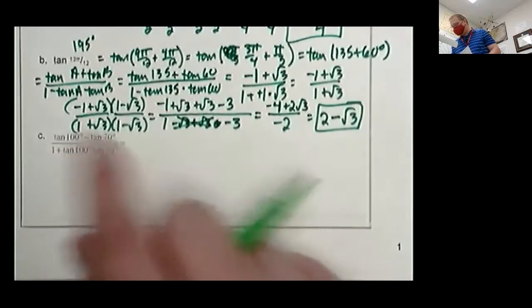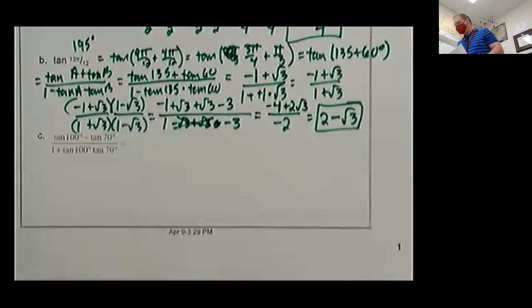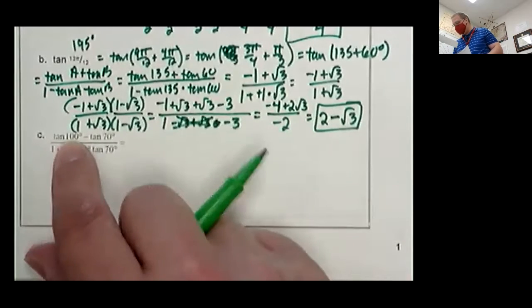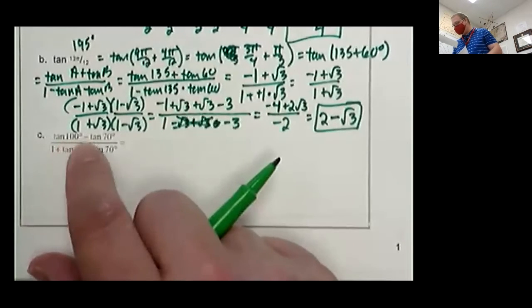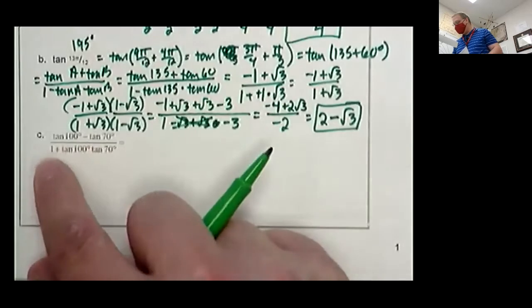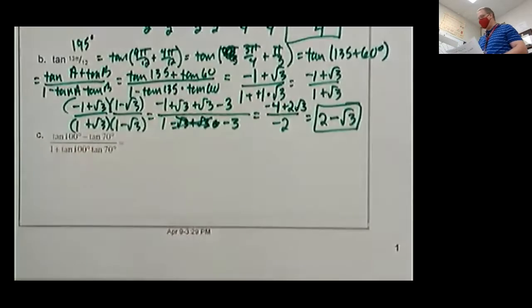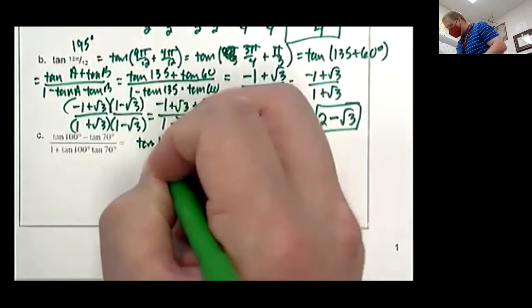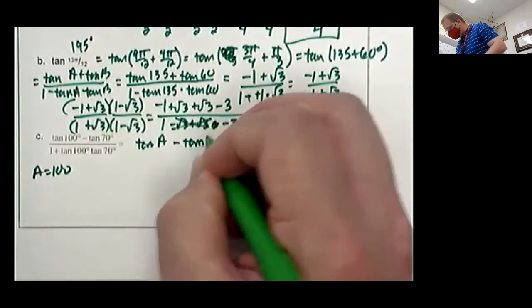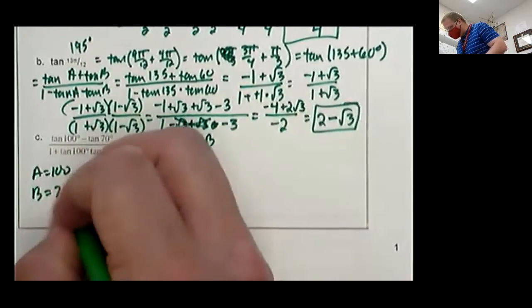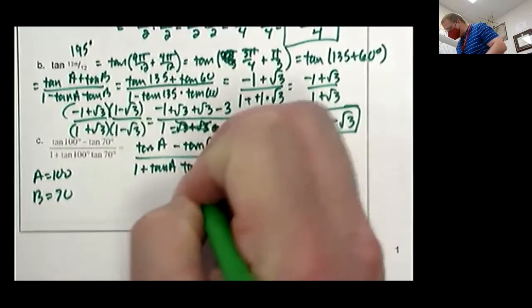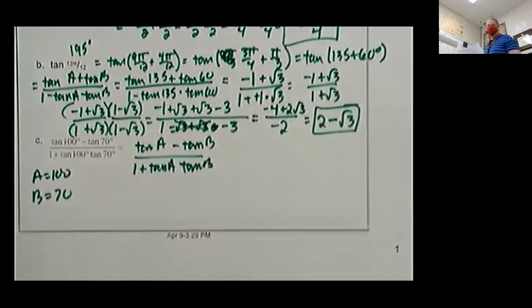So note, this is a bunch of tangents, and that actually matches our difference of tangent formula. This is the tangent of A. So A has to be 100 minus tangent of B, so B is 70, over 1 plus tangent of A times tangent of B. Therefore, we verified that matches the identity.